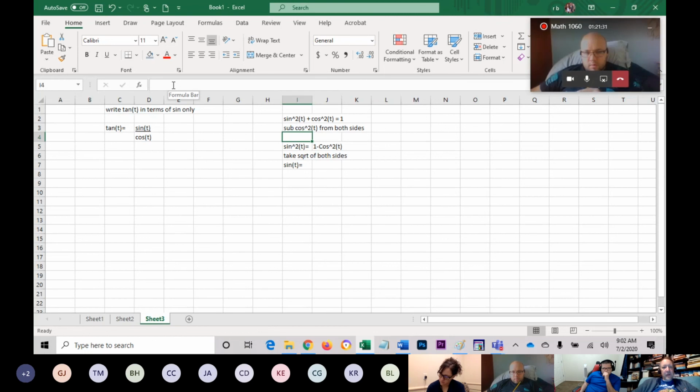So I'm going to subtract the sine squared from both sides. All right, so now this is going to be the cosine squared of t equals 1 minus the sine squared.